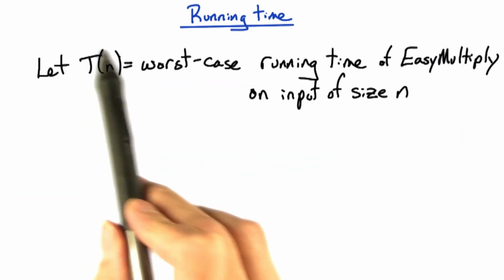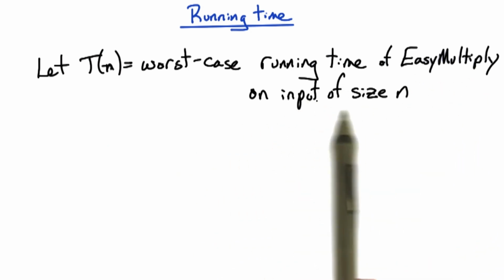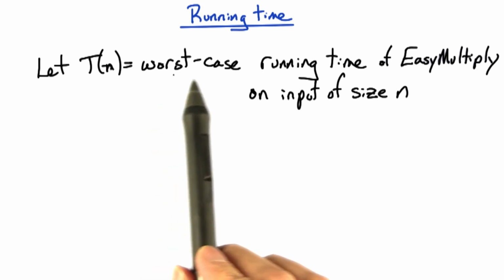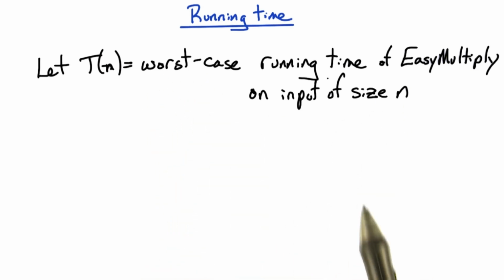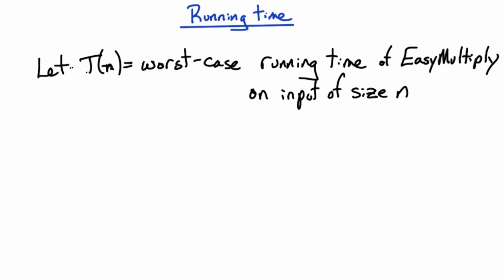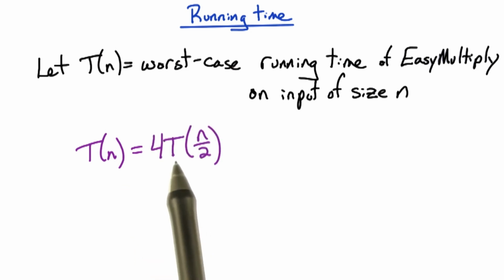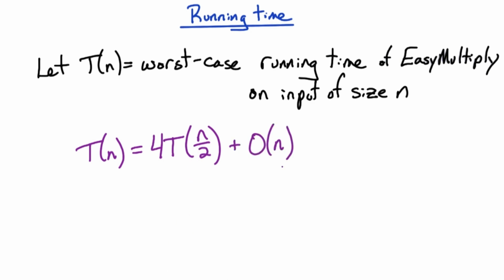So let's let t of n denote the running time of this algorithm, easy multiply, on an input of size n, and this is for the worst input. So we take the worst input of size n, and t of n is the running time on that worst case input. We just looked at the running time of our pseudocode, and we saw that t of n satisfies the following relation. We have 4 subproblems of size n over 2 each, and we take an additional order n time to combine these solutions together to get the product of x times y.